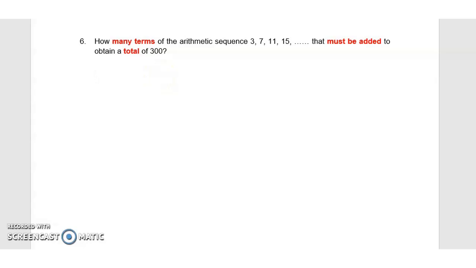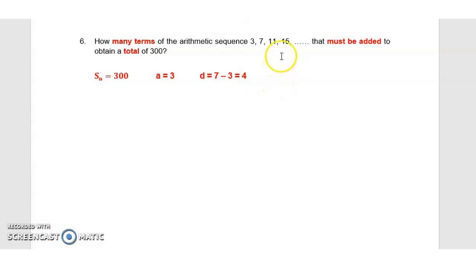Now extract the information given. We want to find how many numbers we need to add in order to get a total of 300. So Sn equal to 300. Then we have first term equal to 3 and common difference equal to 4. 7 minus 3 equal to 4.